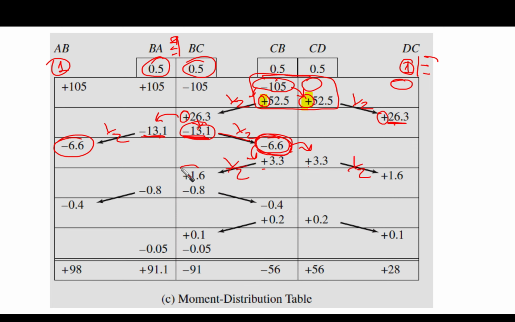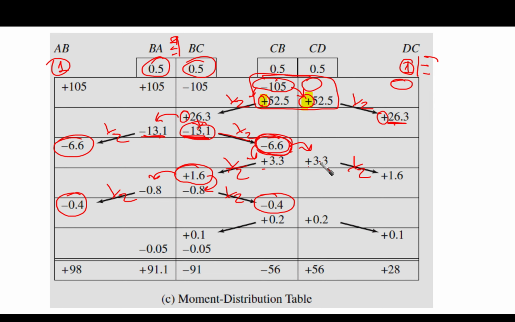Then you will find 1.6 here and nothing here, of course. Then you are going to find this 1.6 needs to be balanced, so half here, and then draw the line again, and then half carry over moment here and half carry over moment here.